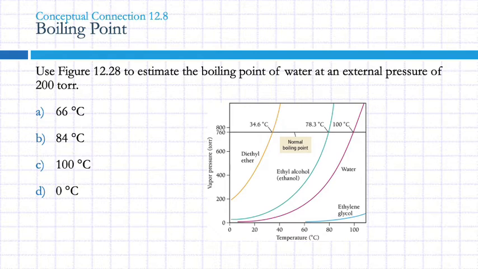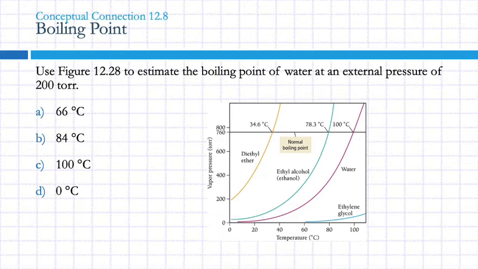I'm sorry, the temperature of the water at that pressure is 100. So at 100 degrees, the vapor pressure of water is equal to 1 atmosphere, and the water will boil. Ethyl alcohol will boil at a lower temperature because its vapor pressure will get to 760 torr sooner, and diethyl ether will boil at an even lower temperature.